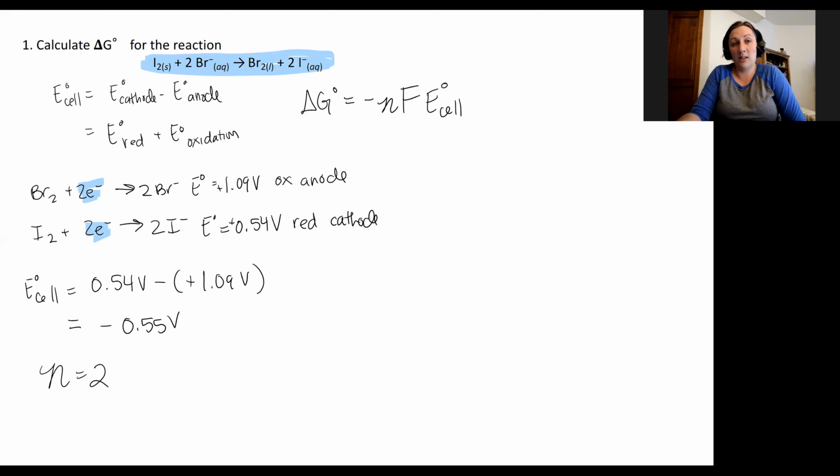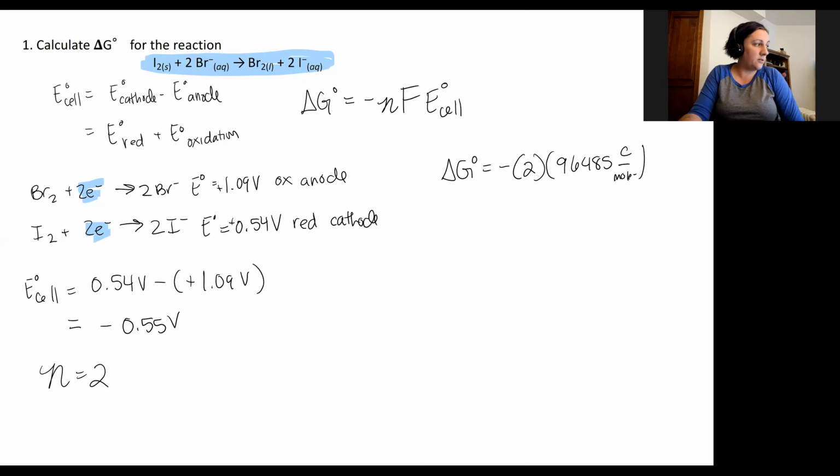So I'm going to plug those into our free energy expression. The free energy change is equal to the negative of our 2 moles of electrons times our Faraday constant, which is one I can never remember off the top of my head, but it's 9.6485 times 10 to the 4 coulombs per mole of electrons.